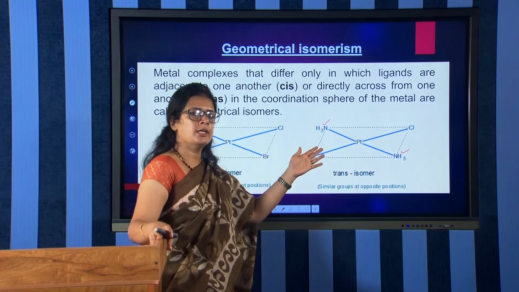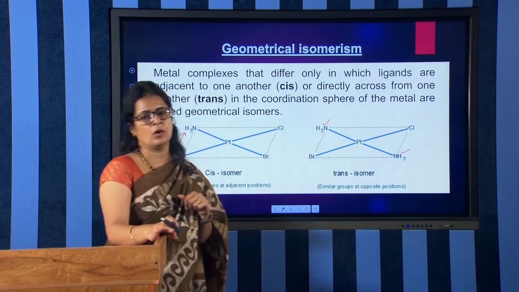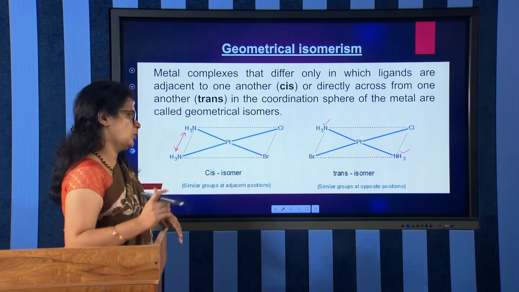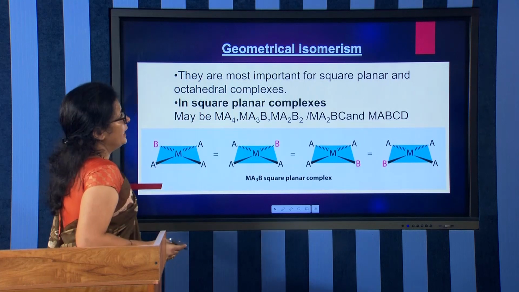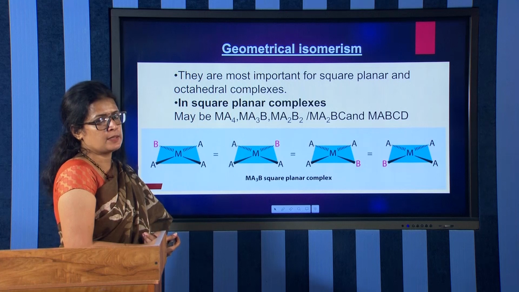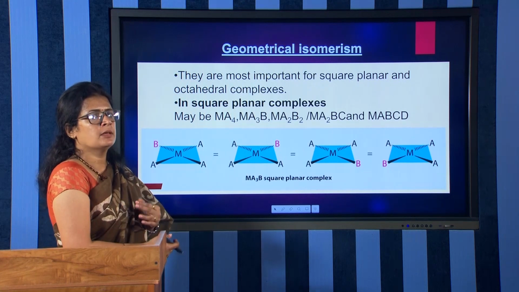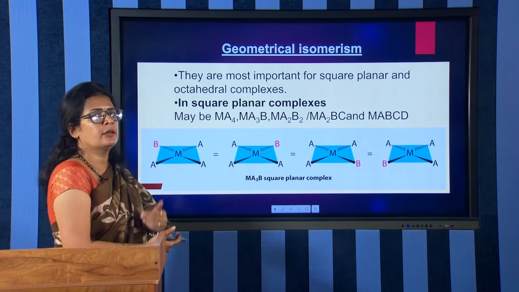If they are in trans position, it is a trans isomer. This type of isomerism is called geometrical isomerism. It is most important for square planar and octahedral complexes, and is mainly discussed with regard to square planar and octahedral complexes.